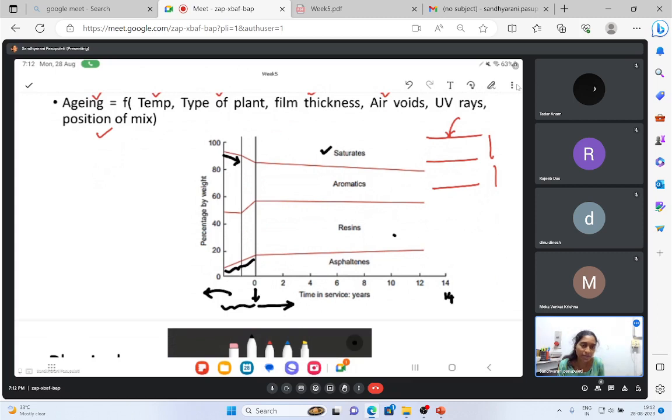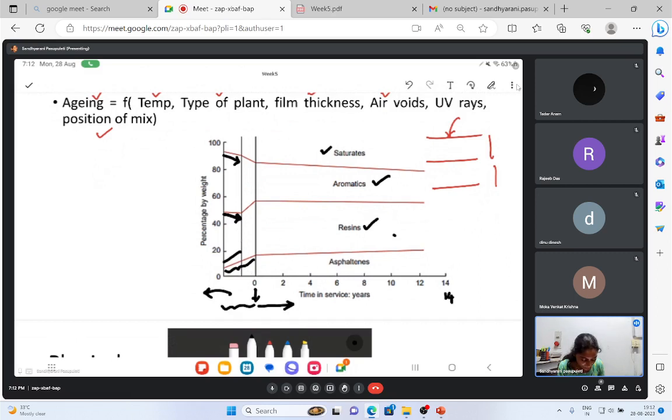They will be evaporated, or the aromatics and resins, which are also lighter fractions, maltenes, can be converted into asphaltenes. So you can see an increase in asphaltenes, but a decrease in the aromatics and resins. So initially that is what happens.